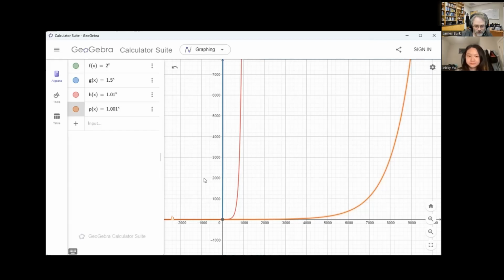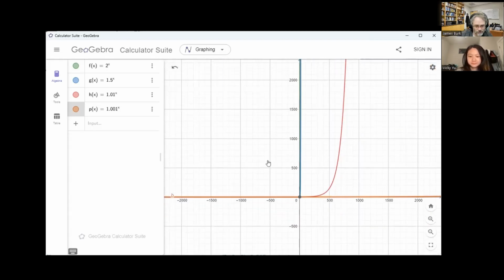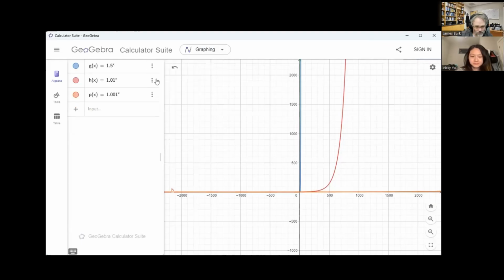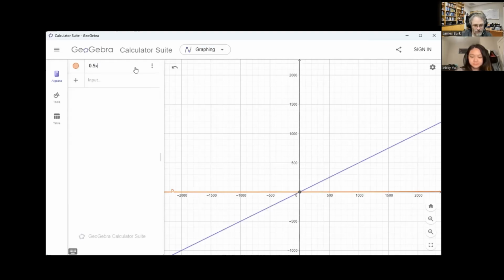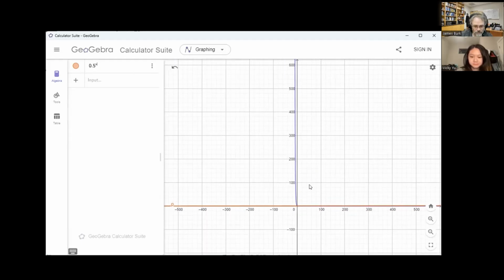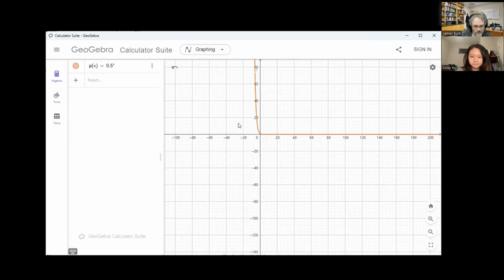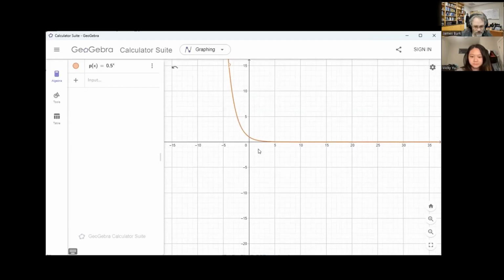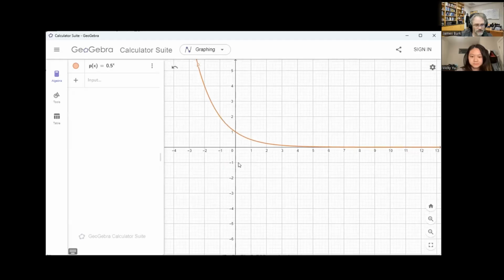Now, let's contrast that with what if I went a little bit closer, instead of looking at 1, looked at something like 0.5, and raised that to the x power. Look what's happened to my graph now. It's dropping, isn't it?